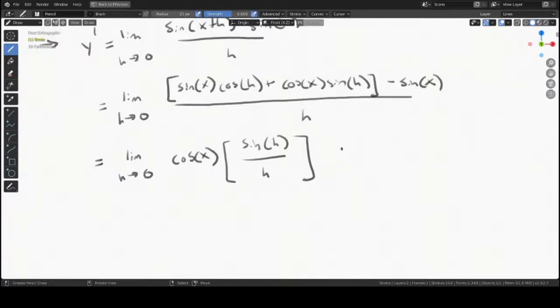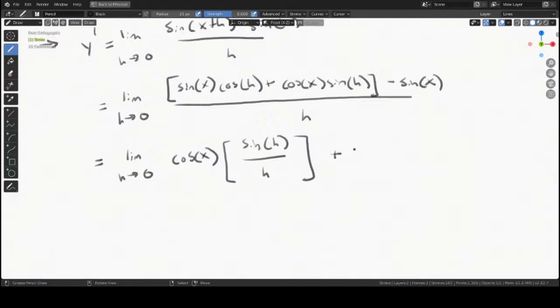We can actually split this limit into two using our limit laws, which I don't think I made a video about, but you can go back and look at it in the book. There are several limit laws, and one of them says we can split limits up over addition.